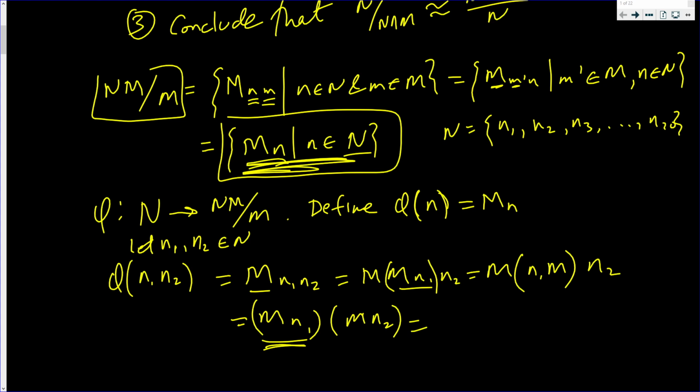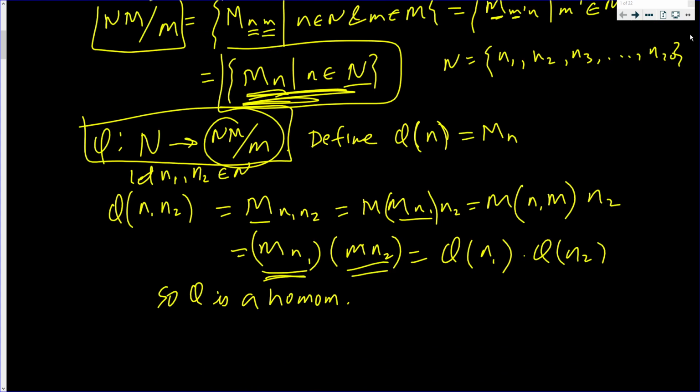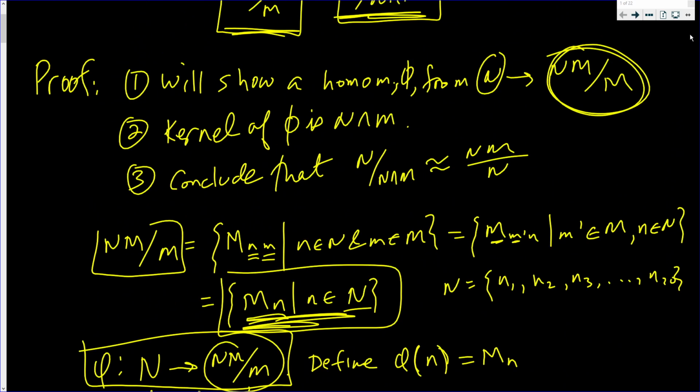But this here is just phi of n1 times phi of n2. So phi is a homomorphism from N to NM mod M. Okay, so we did step 1.